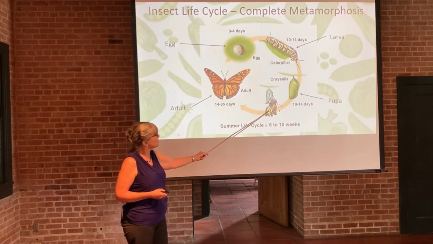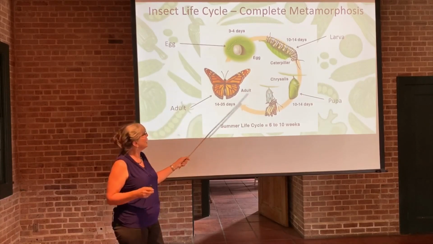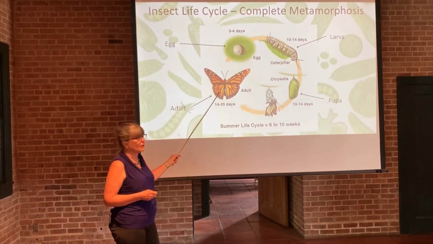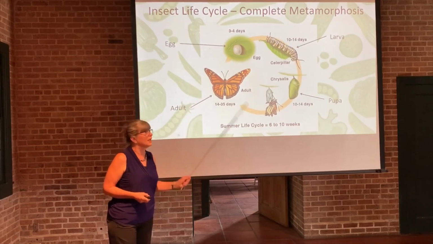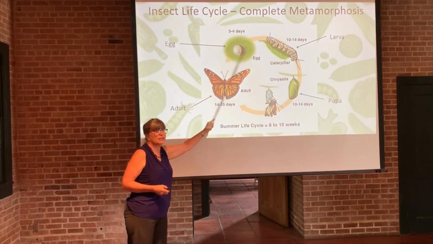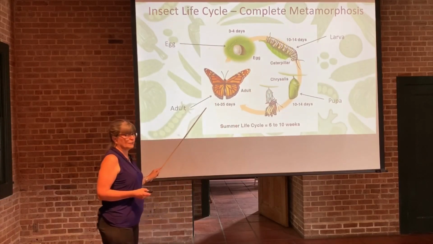In this case it doesn't look like a full-grown adult yet, but these wings will actually unfold and dry, and you'll have this beautiful butterfly sitting on the plant after it emerges. So that's complete metamorphosis. It goes through all the stages: the egg, the larva, the pupa, and the adult.